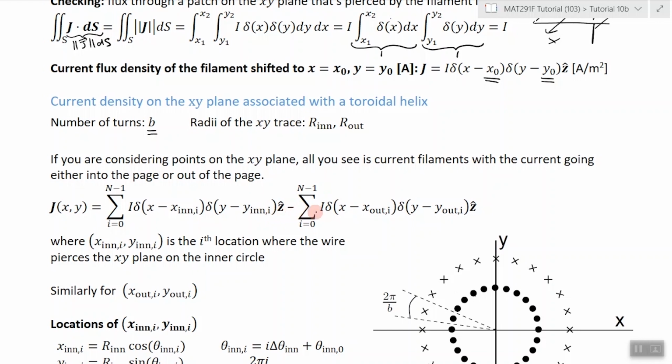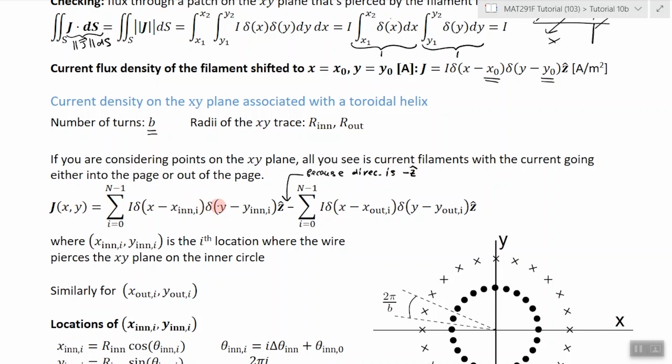And then the same thing for the outer ring, but you see that there is this negative sign. This negative sign is here because on the outer ring, the piercing is into the page, or we could say because the current flows in the negative z hat direction instead of z hat.